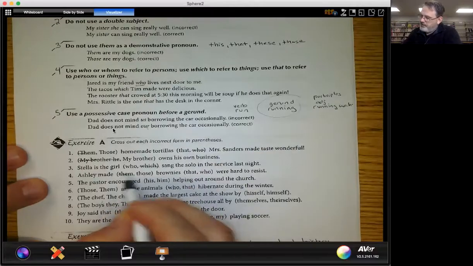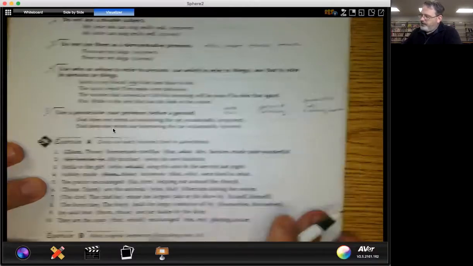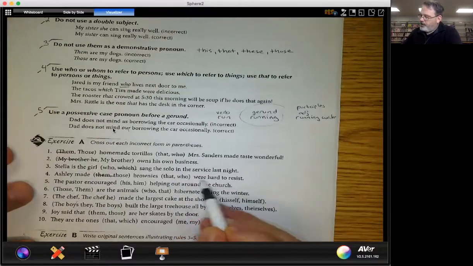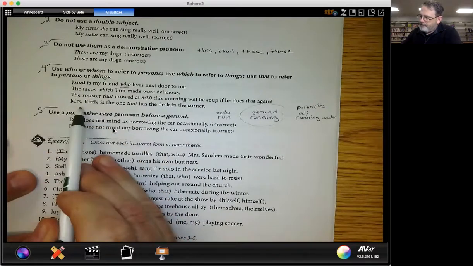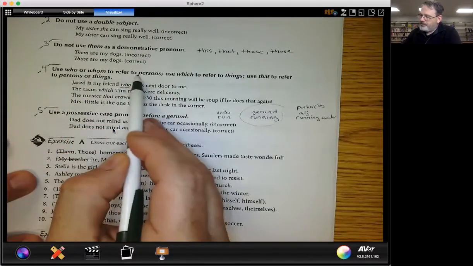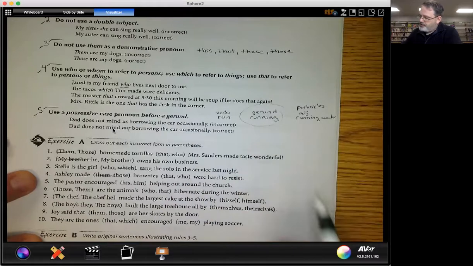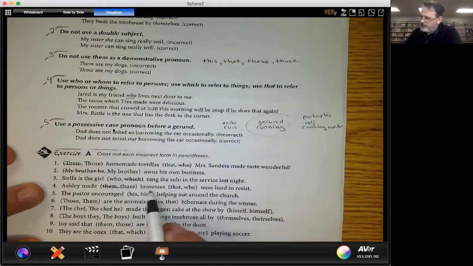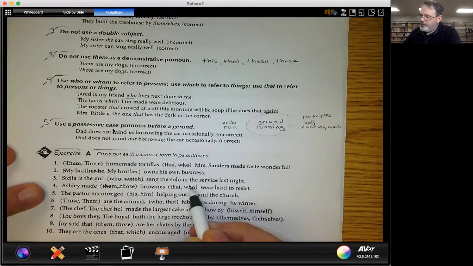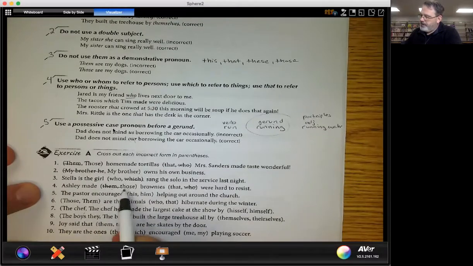That's okay, but them is not. And then we've got another one here. That or who were hard to resist. Well, we're back up to number four, because who or whom are for persons, that can be for persons or things. We are talking about brownies. So it can't be who, because who is talking about persons, right? Ashley made those brownies that were hard to resist.